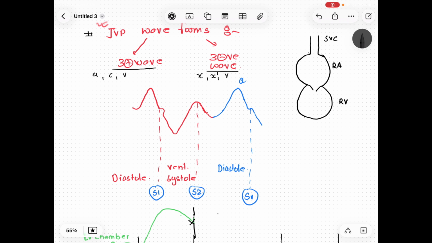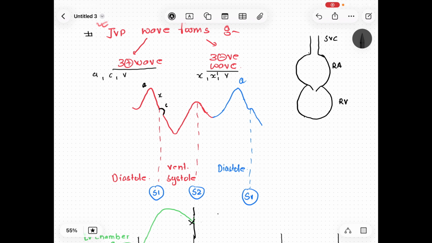This is A wave. The first positive wave is A wave, which occurs due to atrial contraction. Then comes X descent. There is a slight bulge during X descent, which is a positive wave, the C wave.